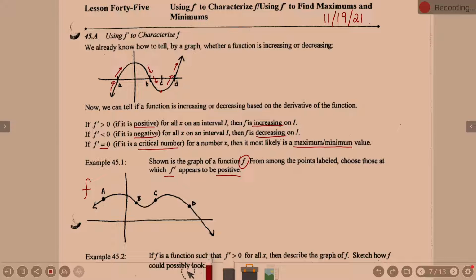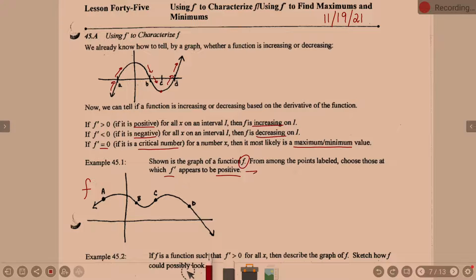Right. And here's the deal, guys. Keep in mind, derivative is basically equivalent to what aspect of a graph? It's slope, right? We say slope of a tangent line. So it's the slope at that point. So if we're looking for where the derivative is positive, we're looking for where the slope is positive.